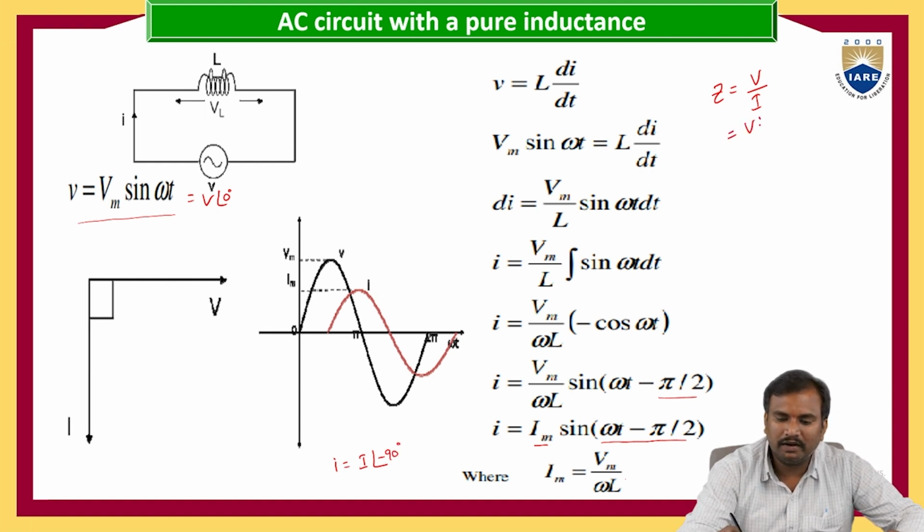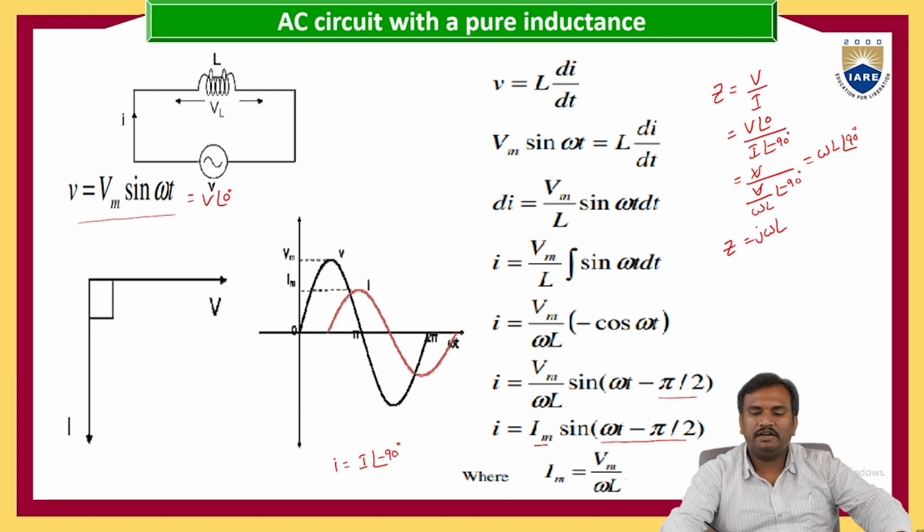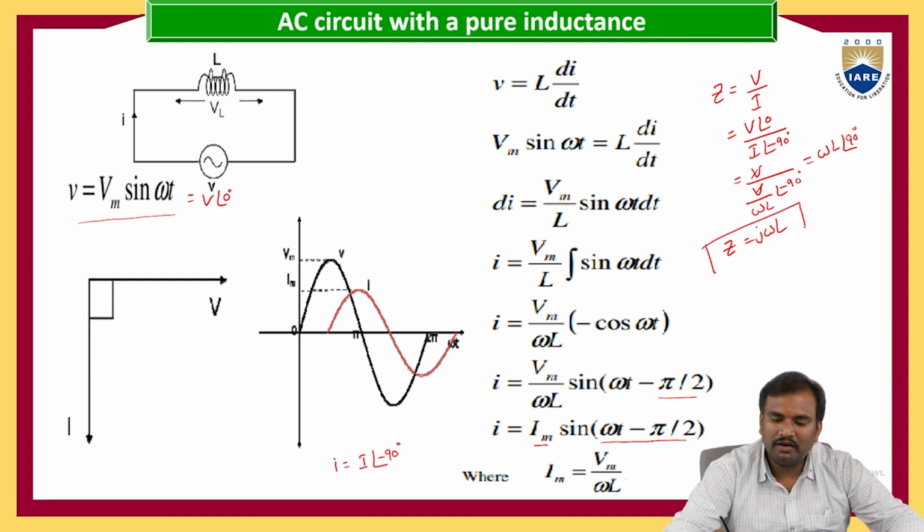So V at an angle 0 by I at an angle minus 90 is equals to V by omega L at an angle minus 90. This V will get cancelled, giving omega L at an angle 90 degrees. That is, Z is equals to j omega L. This is the impedance of the inductor. Z is equals to j omega L.